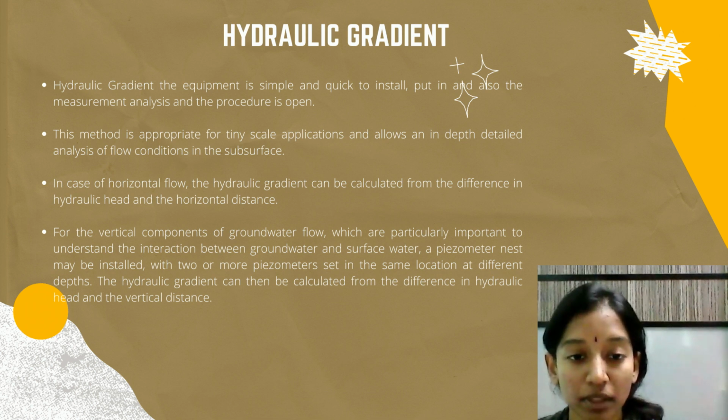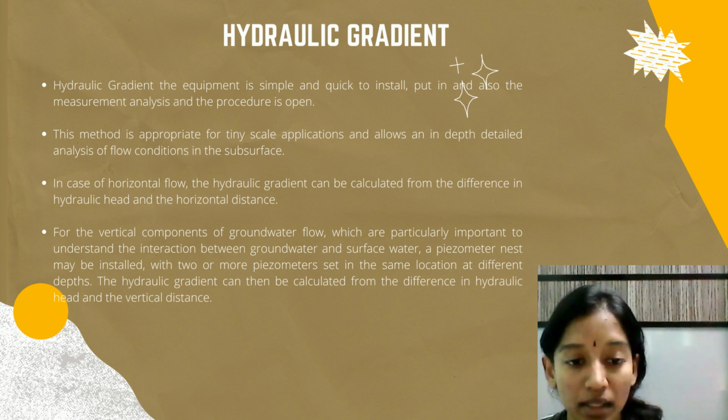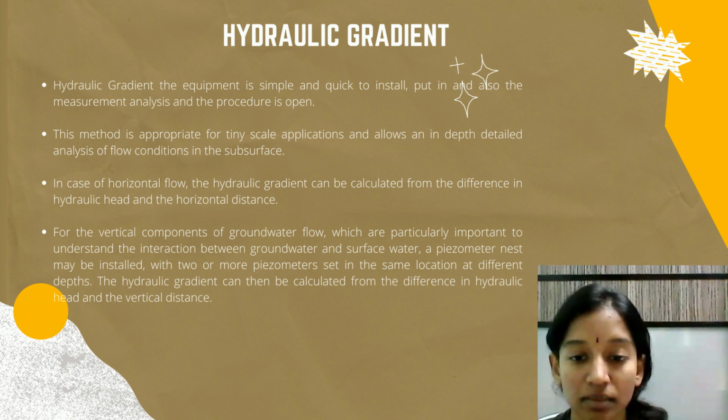For the vertical components of groundwater flow, which are particularly important to understand the interaction between groundwater and surface water, a piezometer nest may be installed with two or more piezometers set in the same location at different depths. The hydraulic gradient can then be calculated from the difference in hydraulic head and the vertical distance.